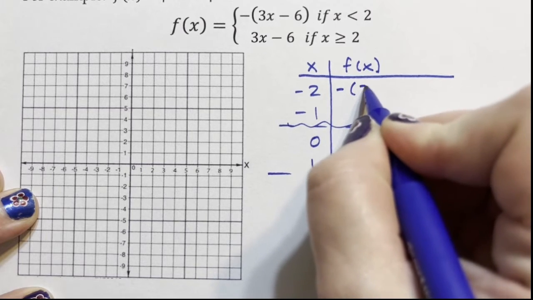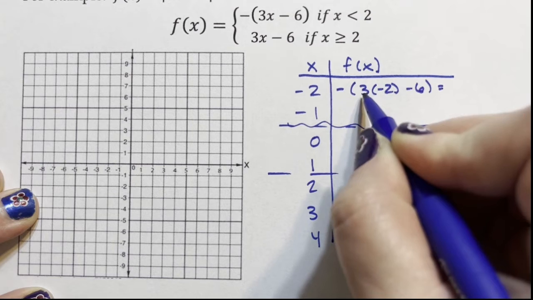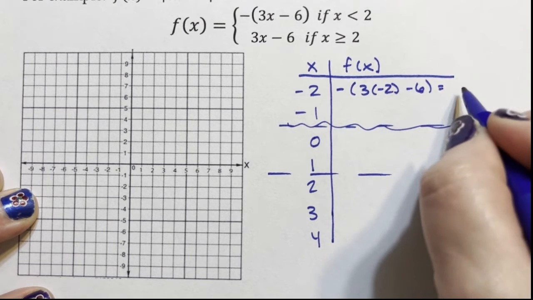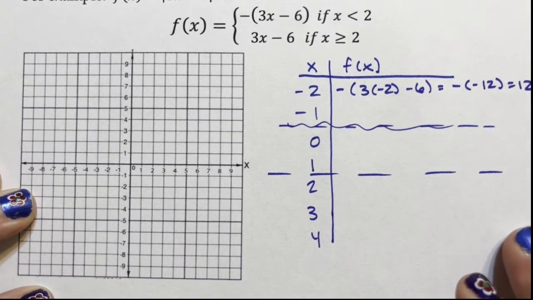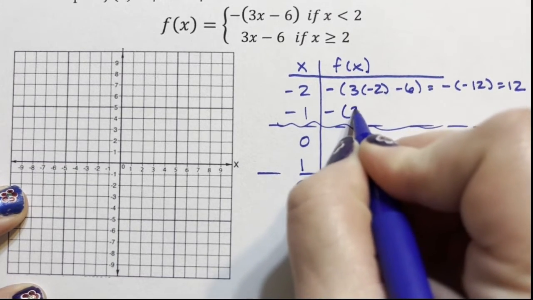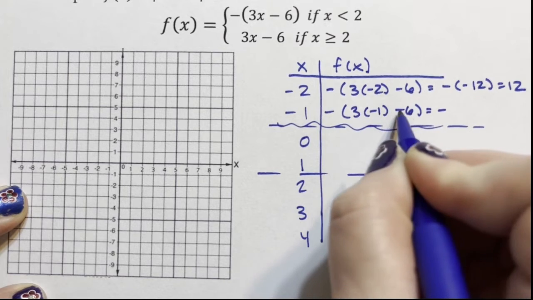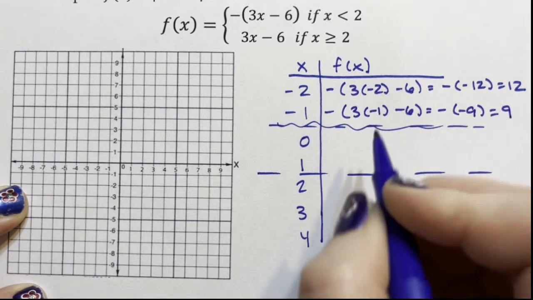Negative of 3 times -2 minus 6 is, that's -6 minus 6, that's going to be -12. Negative of -12 is 12. Negative of 3 times -1 minus 6 is -3 minus 6, negative of -9, which is 9.